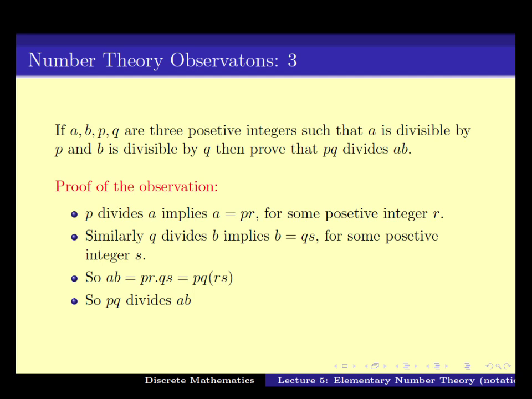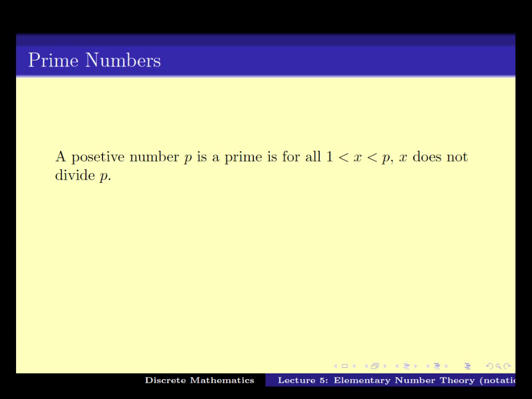Moving on, let us see one of the most crucial and beautiful concepts in number theory, or the beauty in numbers, namely prime numbers. So we say that a positive number p is a prime if no integer lesser than p divides p.